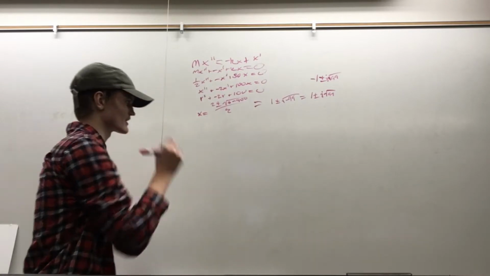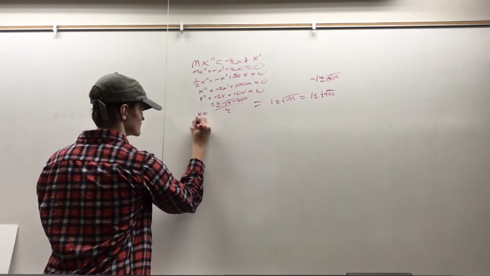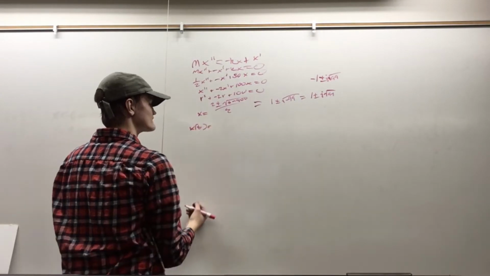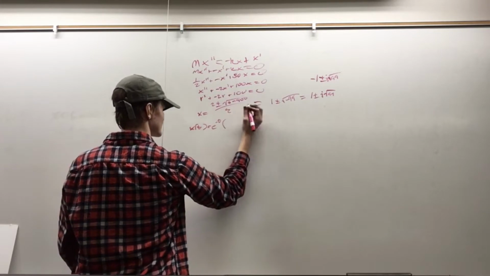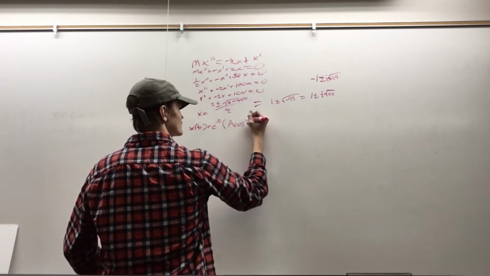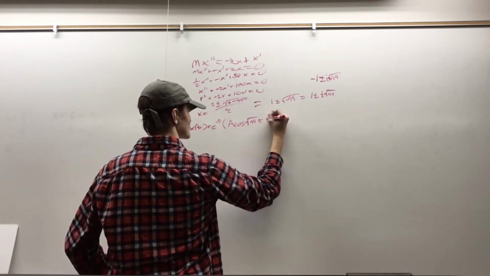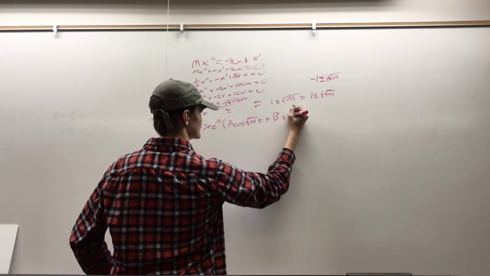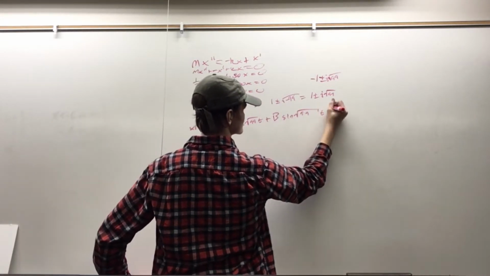You remember last lesson when we learned this. So x of t equals e to the negative t times a cosine of square root of 99 t plus b sine square root 99 t.